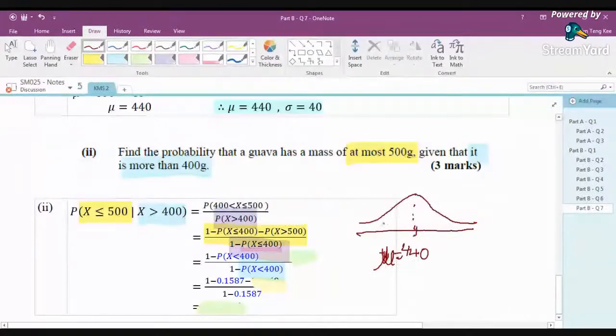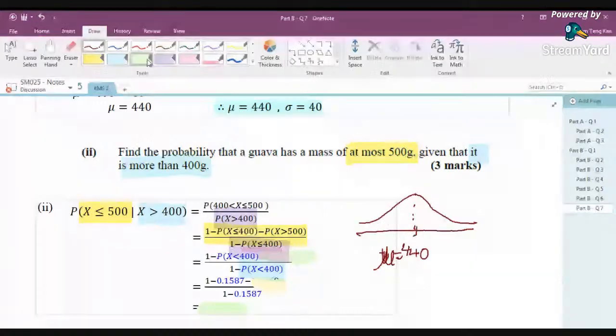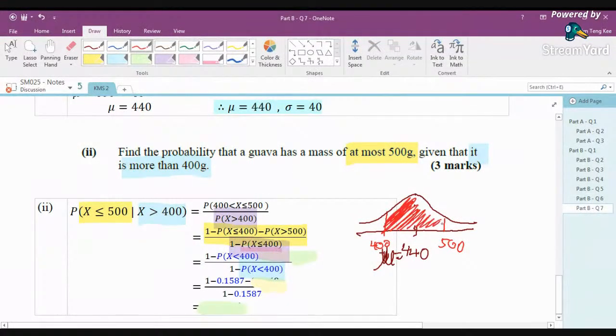Then what we want is 400 until 500. So let's say this is what we have from 400 until 500. This is the region we're referring to, although not yet standardized. In order to get this region shaded in red, we take the overall minus the empty parts. The empty parts are the parts I now highlight in green. The first green one here is 1 minus P(X less than 400).